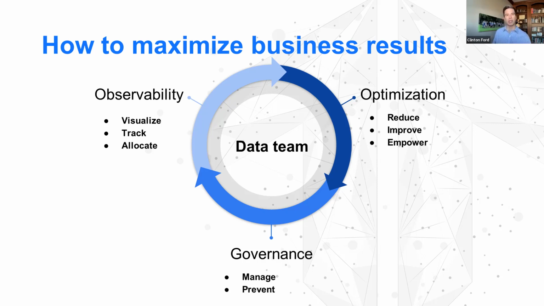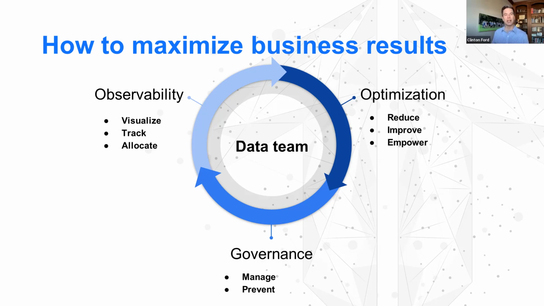Once you have that observability, next you can optimize. You begin to see patterns emerge where you can eliminate waste, remove inefficiencies, and actually make things better. And then you can go from reactive problem solving to proactive problem preventing, sustaining iterative improvements and automating guardrails, enabling self-service optimization.